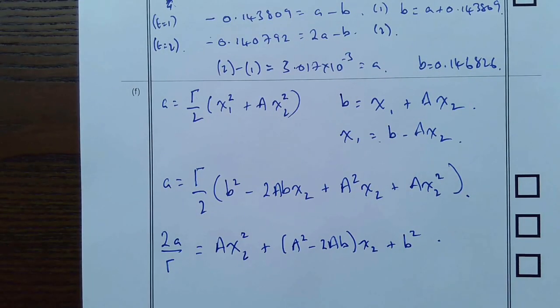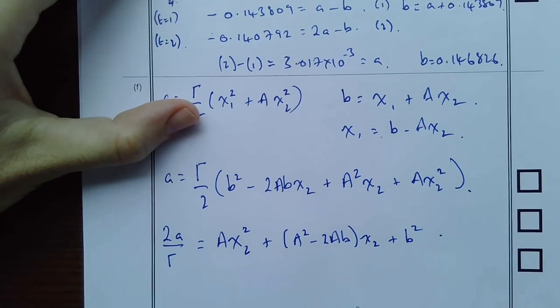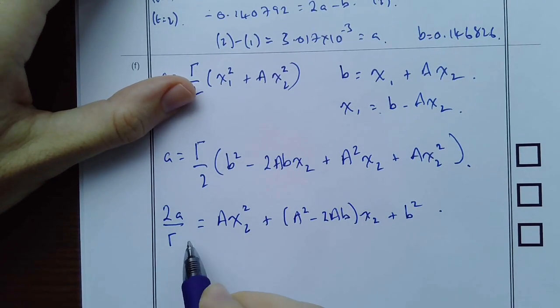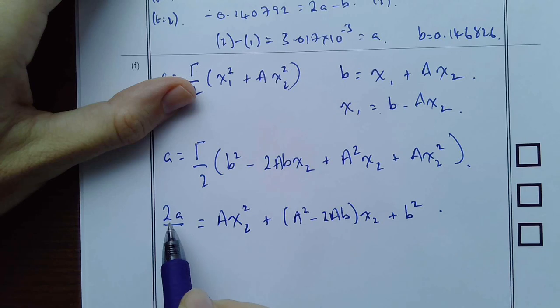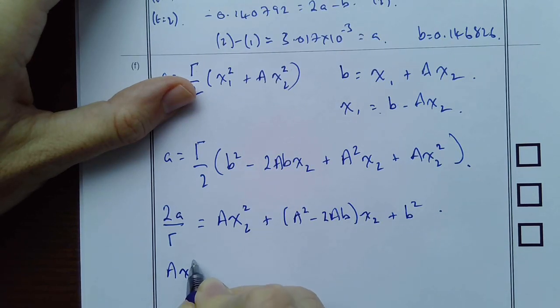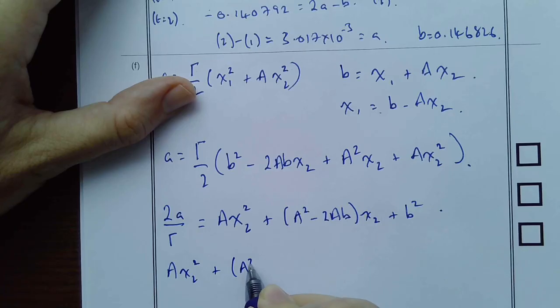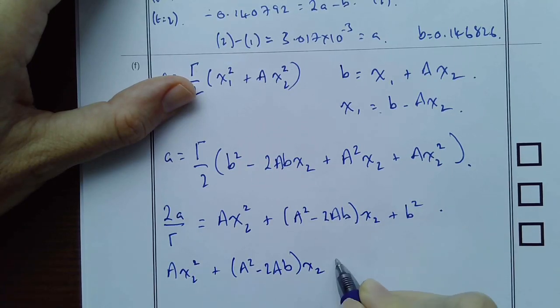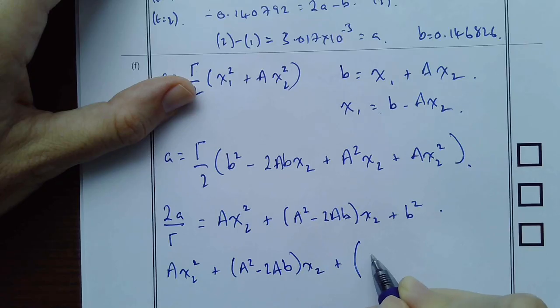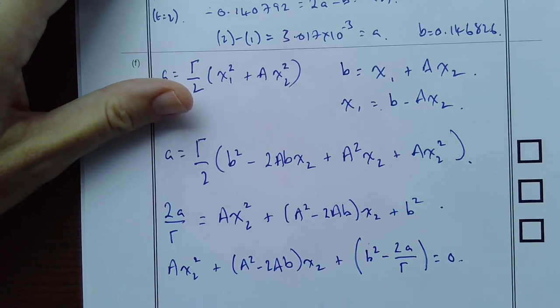Then obviously we're going to be solving a quadratic, so I want this equal to 0. These are all constants, so it's a x2 squared plus a squared minus 2ab x2 plus b squared minus 2a over gamma equals 0.